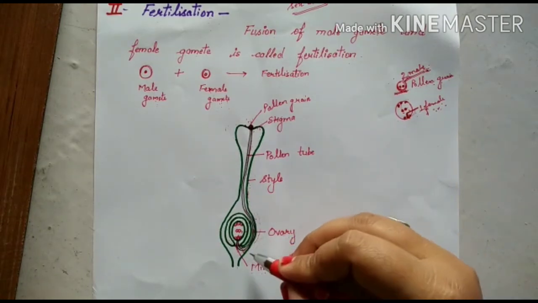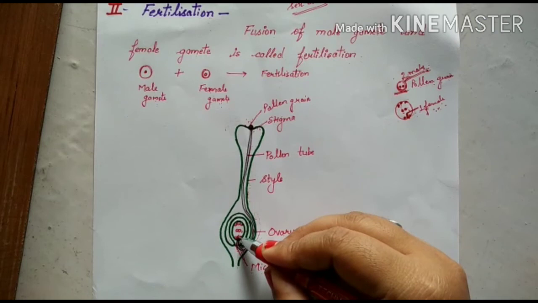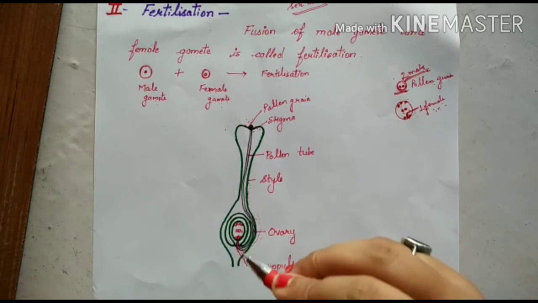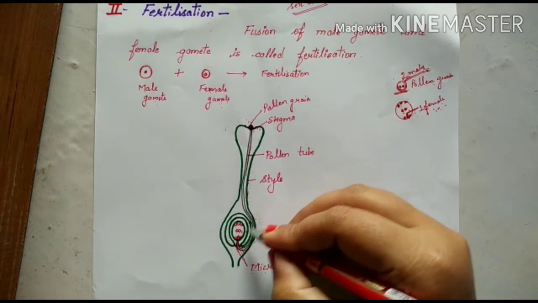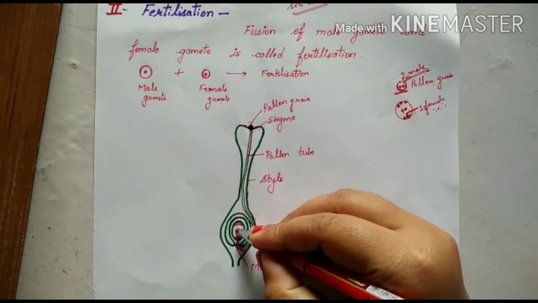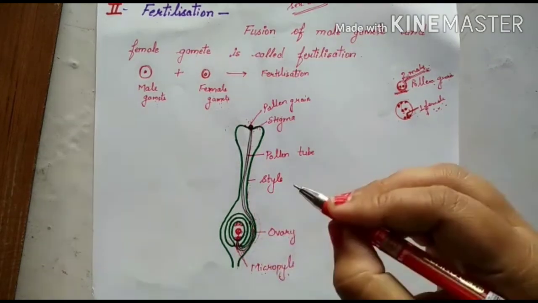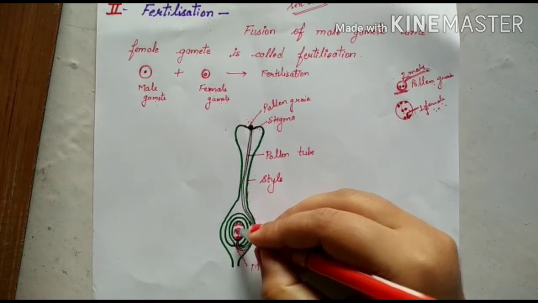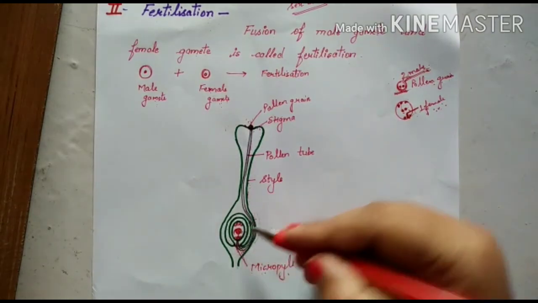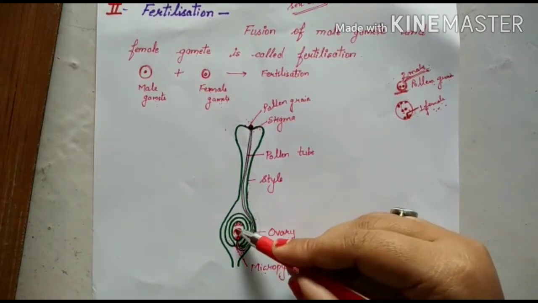The first male gamete fuses with the female gamete, and the second male gamete fuses with the 2 polar nuclei which are present in the center. The second male gamete fuses with the 2 polar nuclei, and it forms the endosperm.